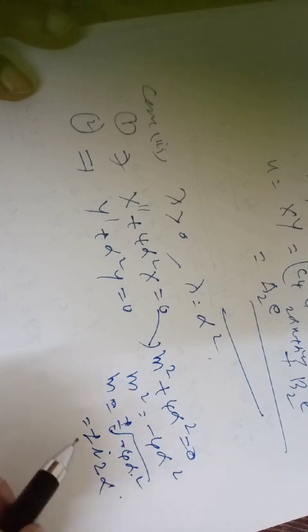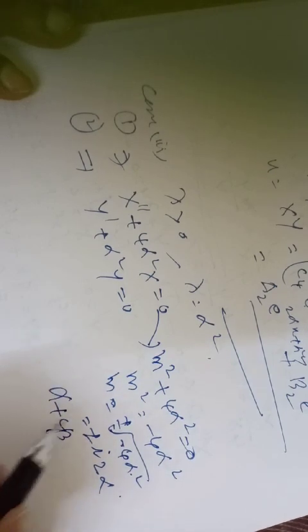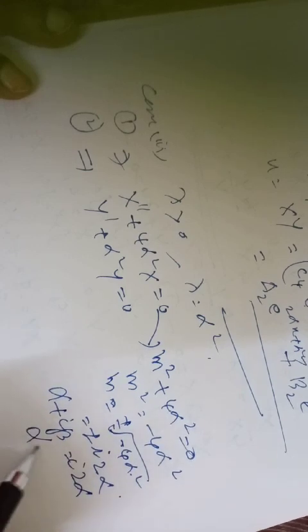So m is equal to plus or minus root of minus 4 alpha square, that is plus or minus root minus 1 is i, root 4 is 2, root alpha square is alpha. These are complex roots. When we get complex roots, we take them as alpha plus i beta, equal to 2 i alpha, so alpha equal to 0, beta equal to 2 alpha.